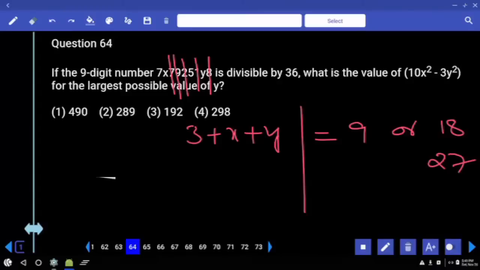Is that equal to only 9, or can it be 18, or can it be 27 also? First of all, definitely everybody knows it should be equal to 9. Yes? Can it be 18? Okay, let's keep 18 aside. Can it be 27? Can it be 27?